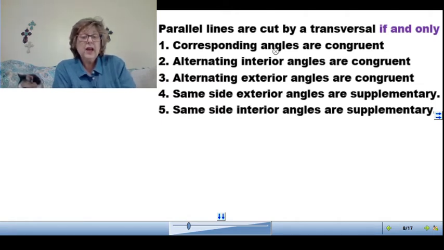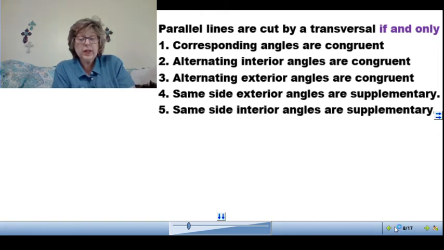That means the conditional and the converse are both true statements. So if parallel lines are cut by a transversal, then corresponding angles are congruent, alternating interior angles are congruent, alternating exterior angles are congruent, and our same side exterior and same side interior are supplementary.